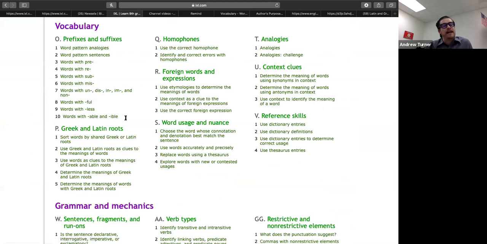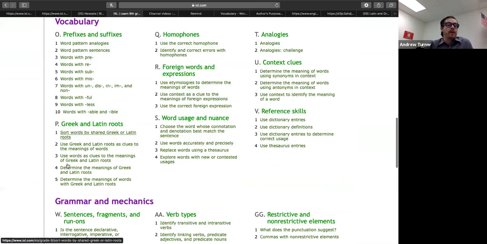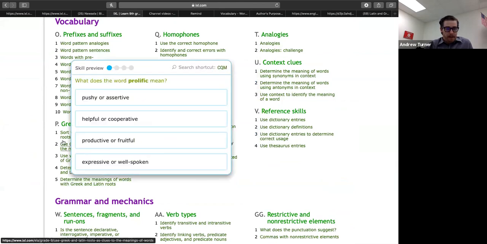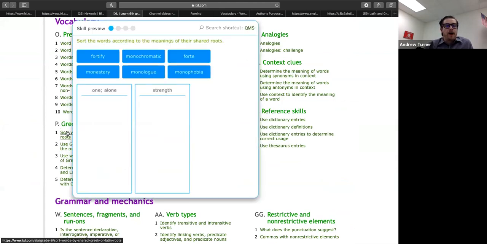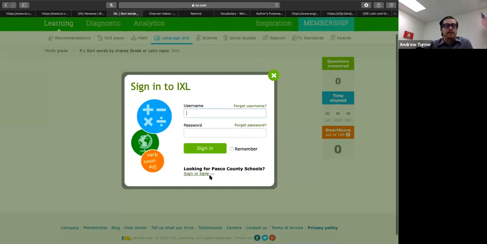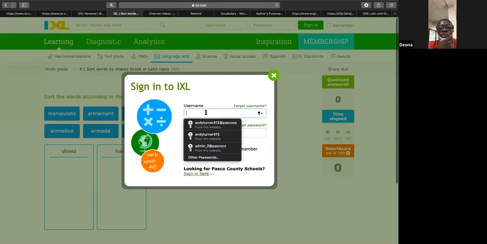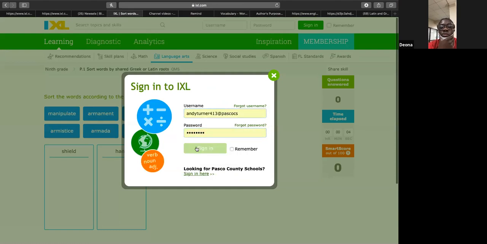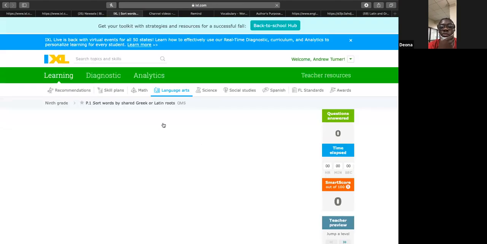So if you haven't hit the 9th through 12th grade on that, please do that. In the Greek and Latin roots, same thing, okay? We're gonna do some sorting and then we're gonna determine, okay? You'll see the patterns here. And I have to log in. I hate that it logs me out during the day.